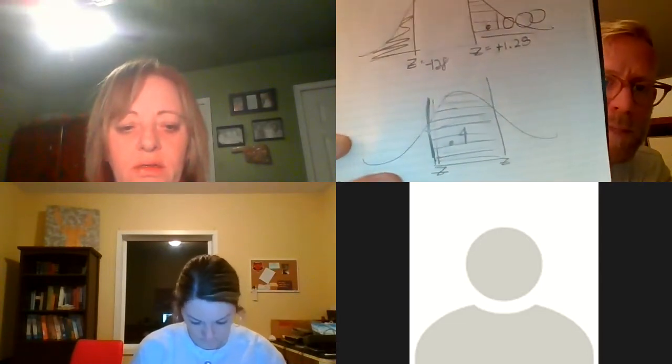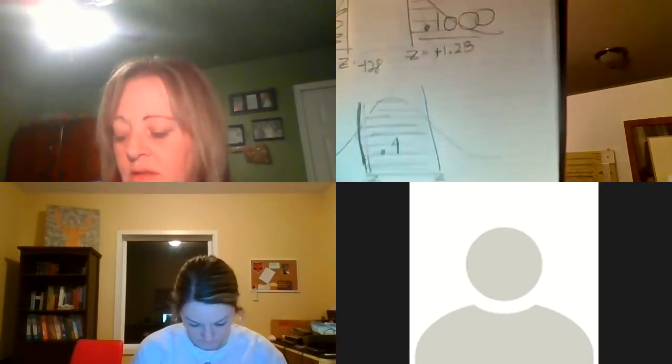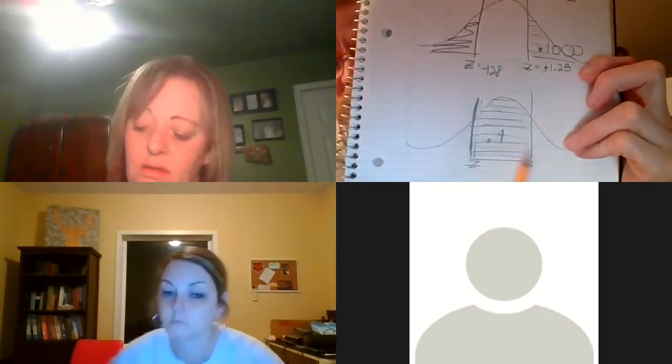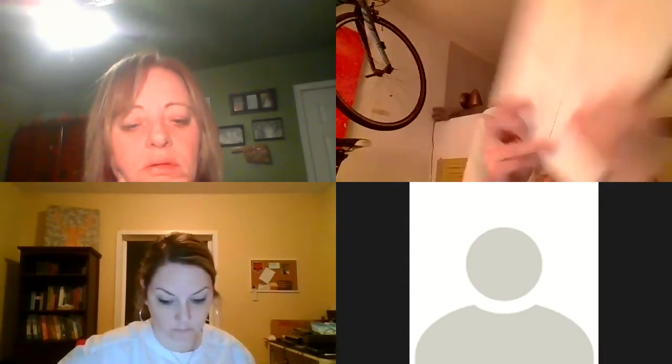Okay. Now, here's the last situation. What if you want area in between? In this case, I'm going to make a special stipulation. I'm going to say that this is the middle, which implies it's symmetric. It's the middle 40%. Now let's think of something.